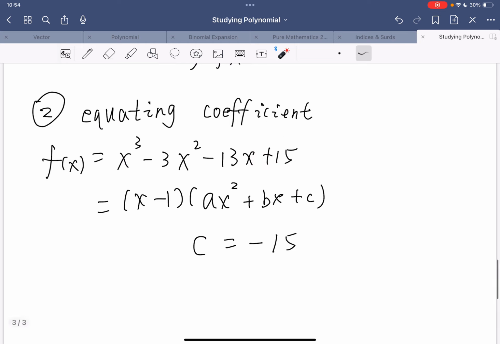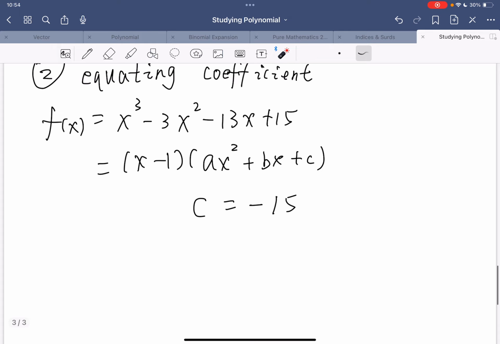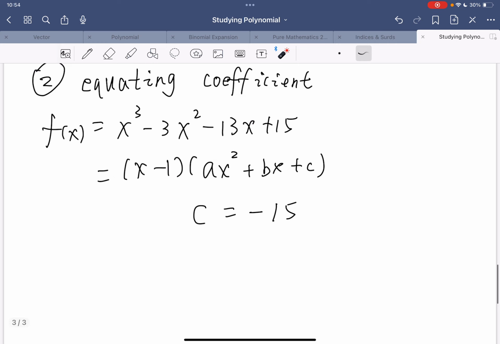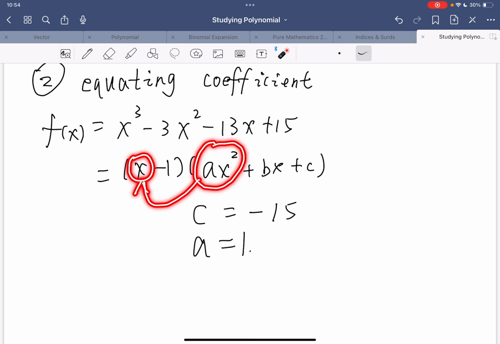Next one, how can we find A and B? Basically, we can see that the coefficient A has to be equal to 1. Why does A equal 1? Because this is the only term that, after multiplication, would give us the highest power.